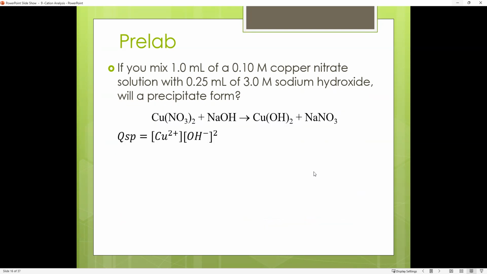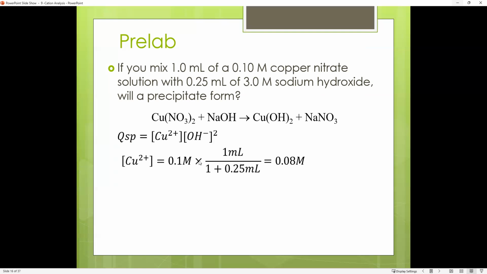And so if we're going to make a prediction whether or not it precipitates, what we look at then is the QSP of that copper hydroxide. And the question is, are those concentrations giving a QSP greater than the KSP? We can't just use the concentrations here because that's before it's mixed, and we need the concentration when we're doing this reaction.